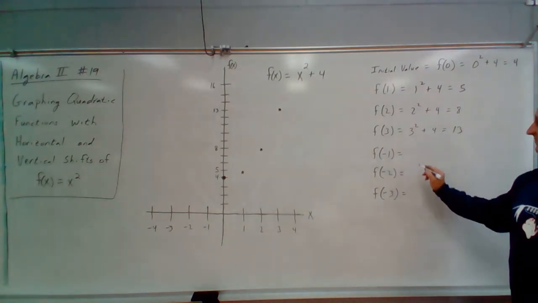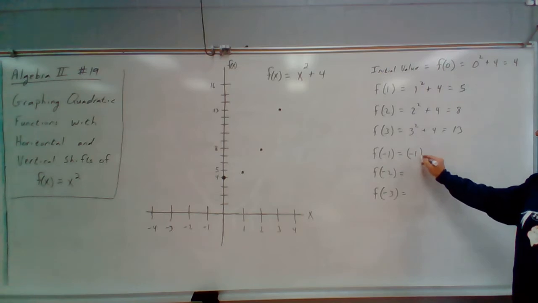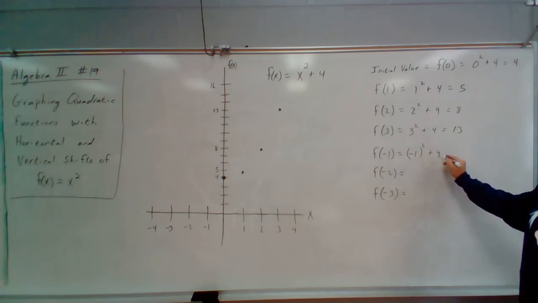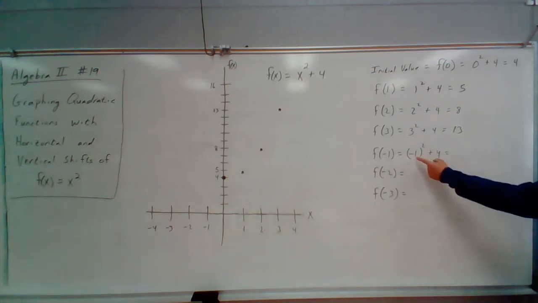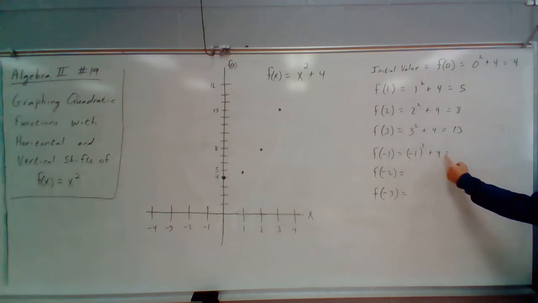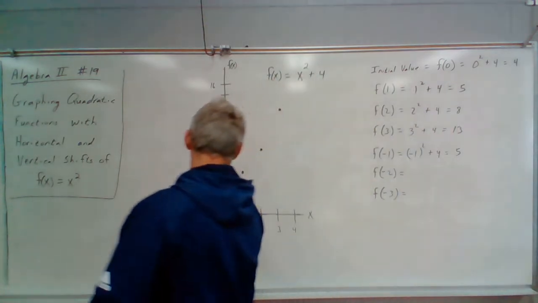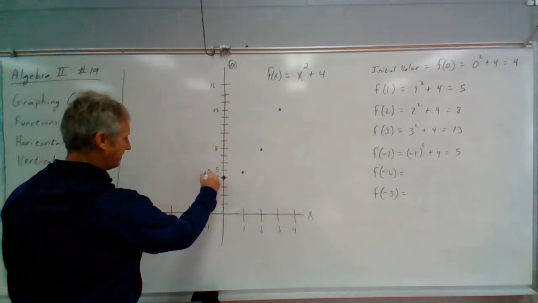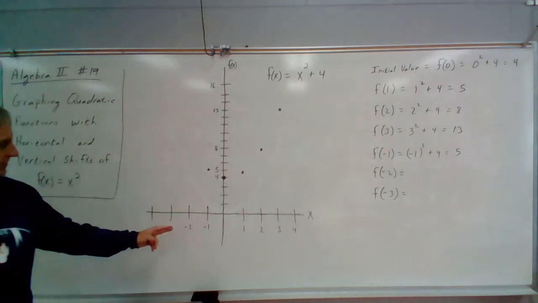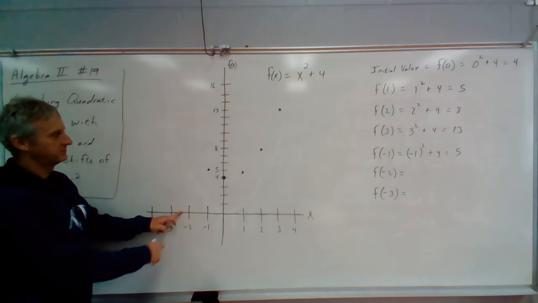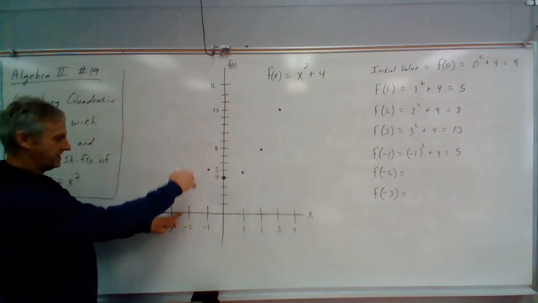If I plug in a negative 1, that would be negative 1 squared plus 4. Negative 1 squared is 1. 1 plus 4 is 5. So plug in a negative 1 and I get a 5. You can probably guess what will happen if I plug in a negative 2. I should get an 8, right?